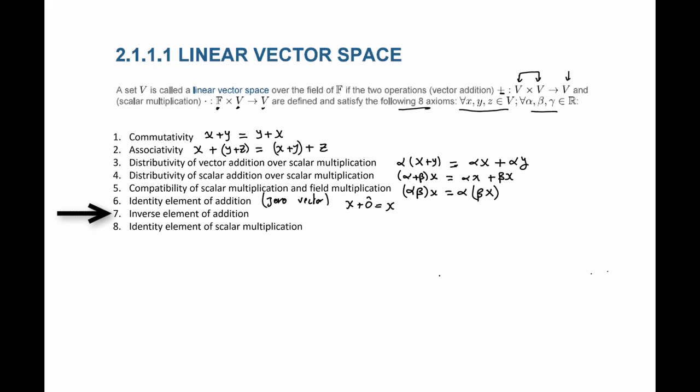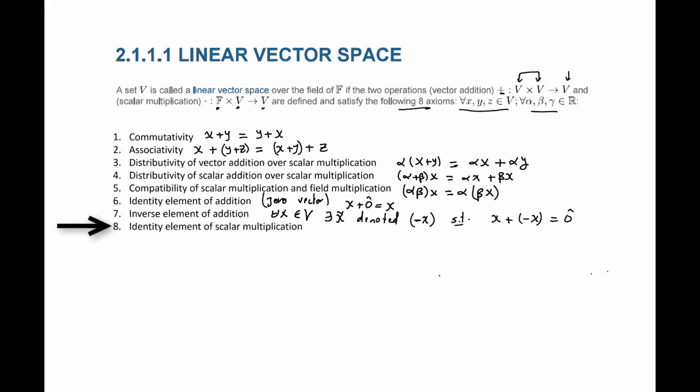An inverse element of addition: every element in the linear vector space V has an inverse element denoted negative x, such that when I add x to negative x, I get the zero vector.